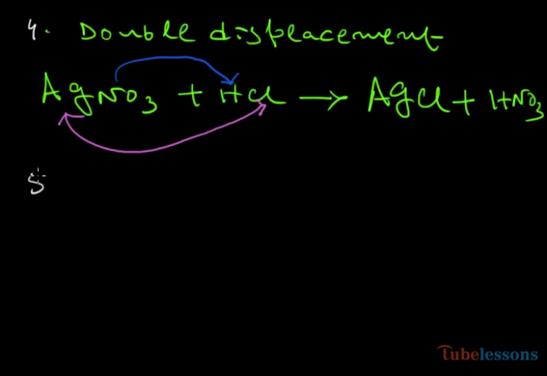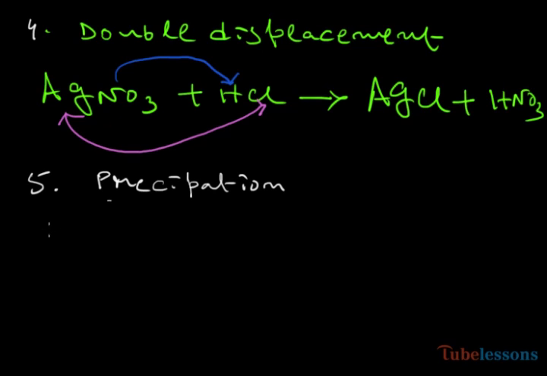Another type of chemical reaction is called precipitation reaction. What is precipitation reaction? In precipitation reaction, when two different substances react, they form an insoluble white precipitate.